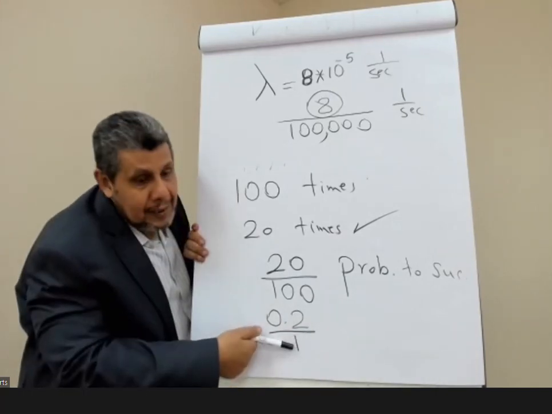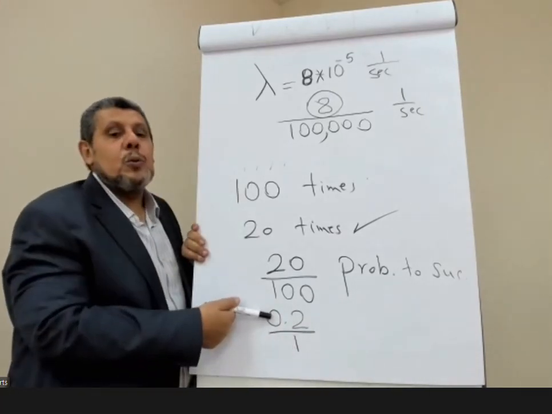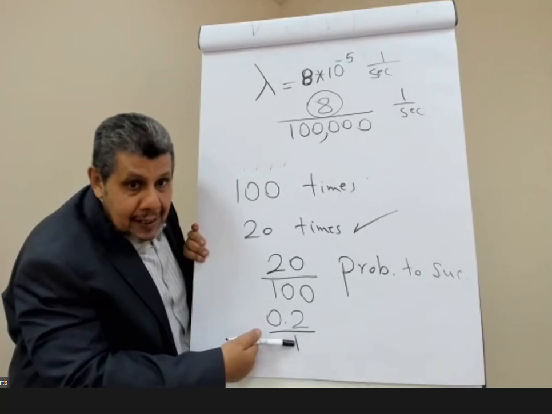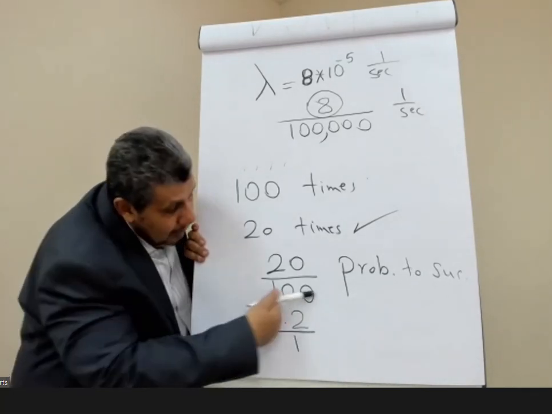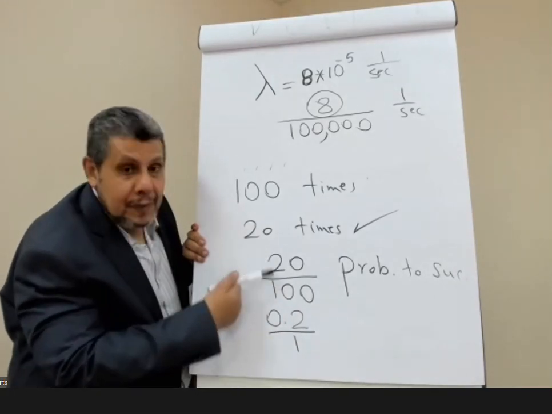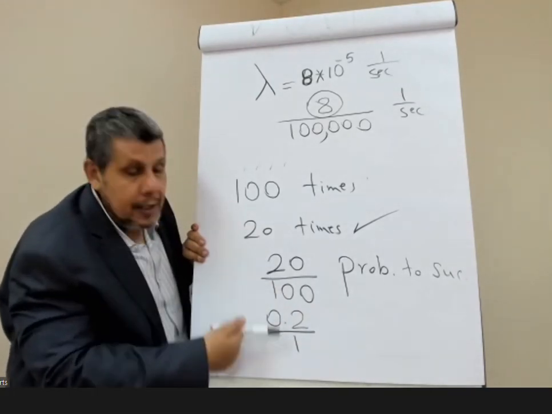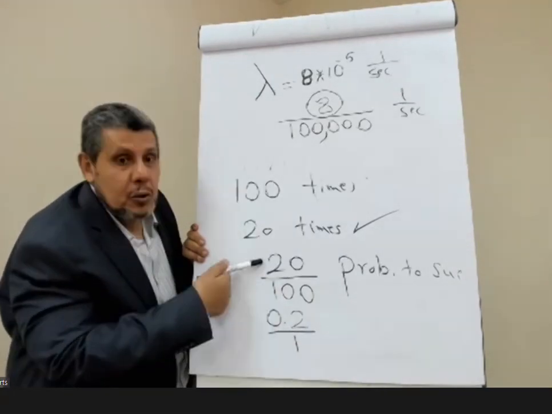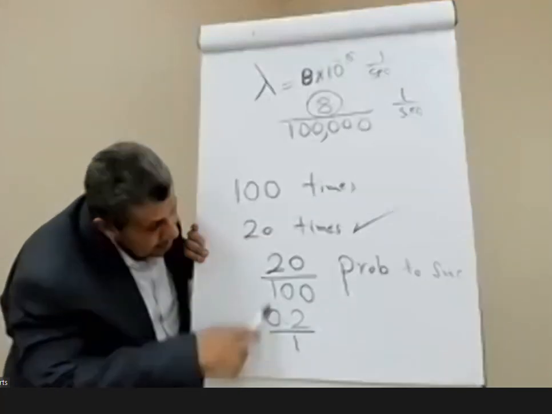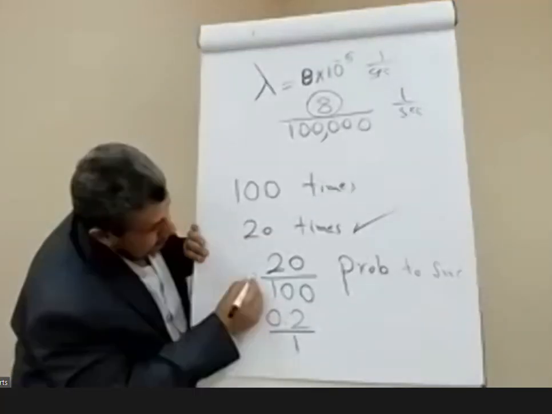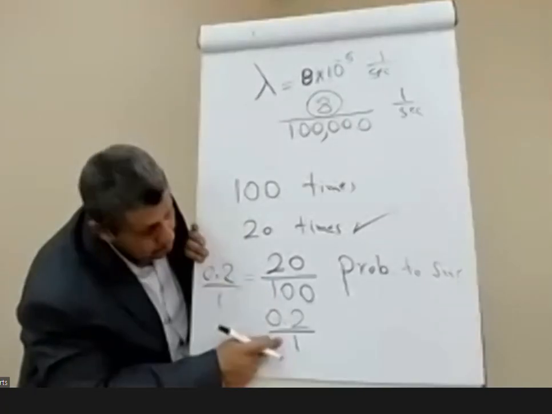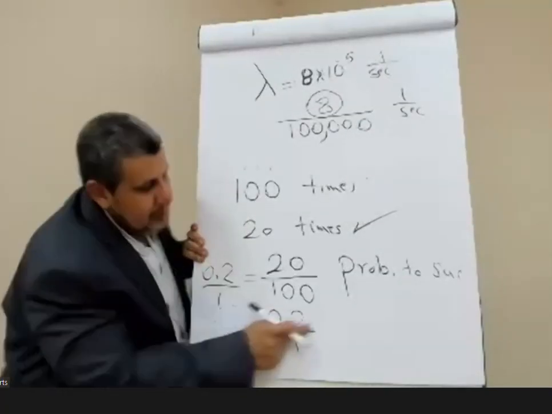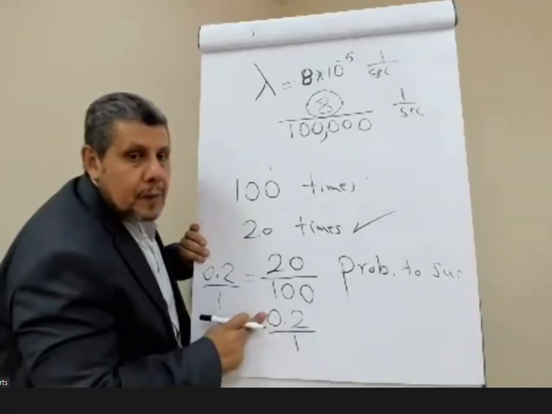If I try once, I will succeed 0.2. If I tried 120 times, the same. Try 100, succeed 20. Now, this is equal to 0.2 over 1.